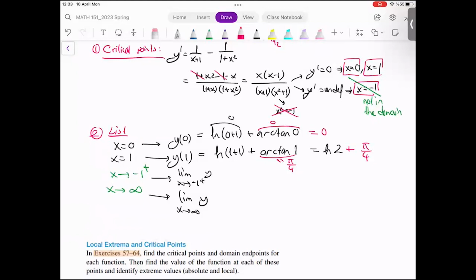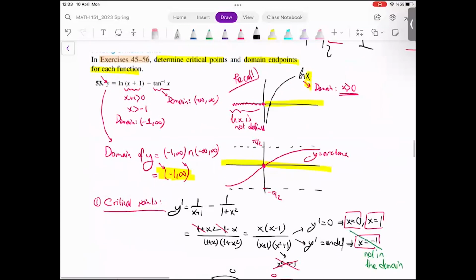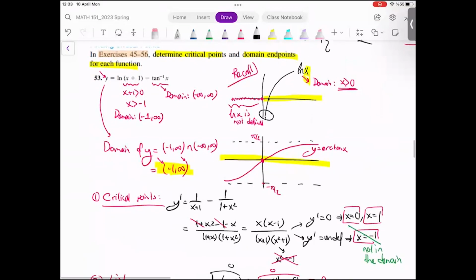Okay, then I am ready to compute these limits. This is the limit as x goes to -1 from right of ln of x plus 1, plus arctangent x. If you insert -1 inside ln, you obtain ln 0. What happens to the ln function around 0? Look at here, please.